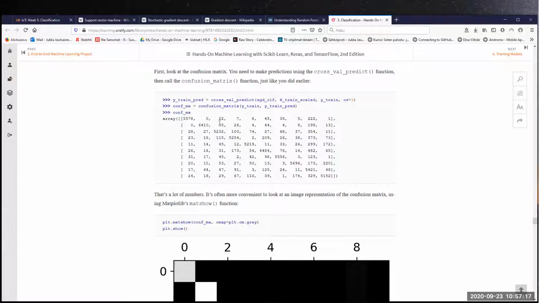But in 35 cases, it confused 1 with handwritten number 2, and here with 3, and so on. And in almost 200 cases, it confuses numbers 1 and 8.